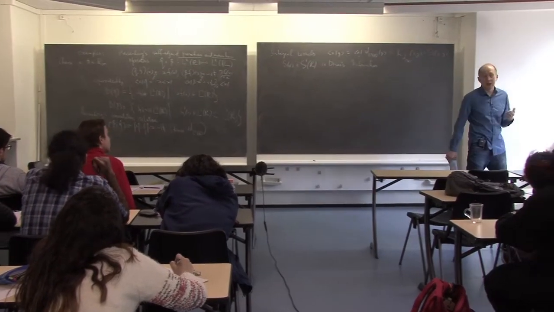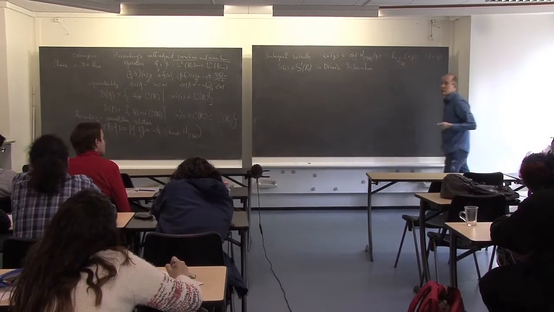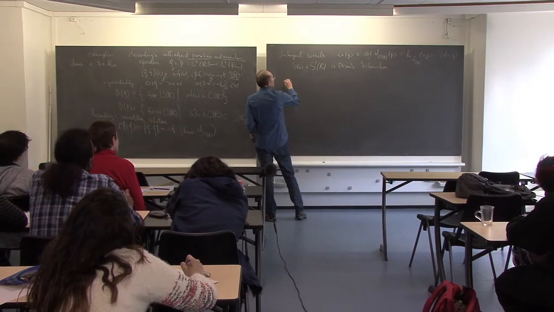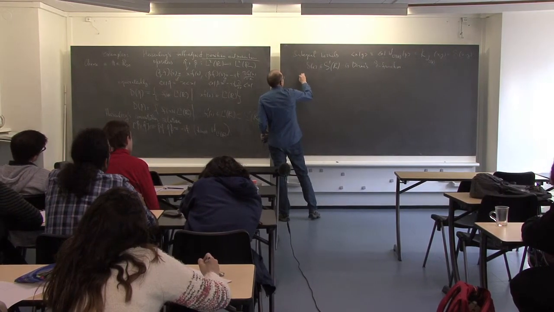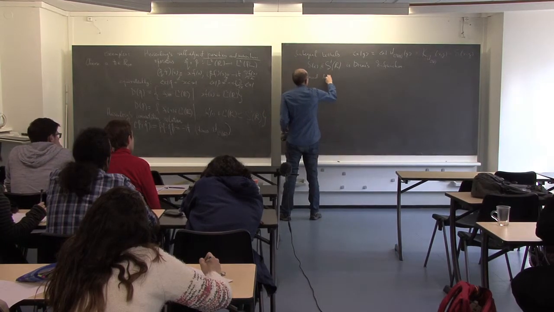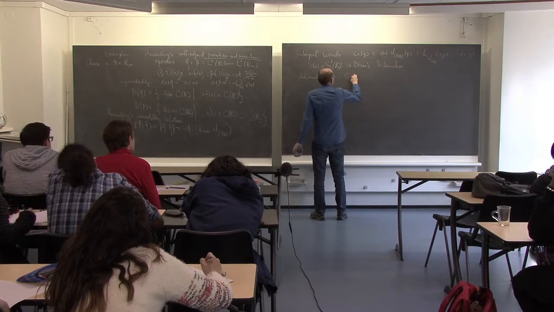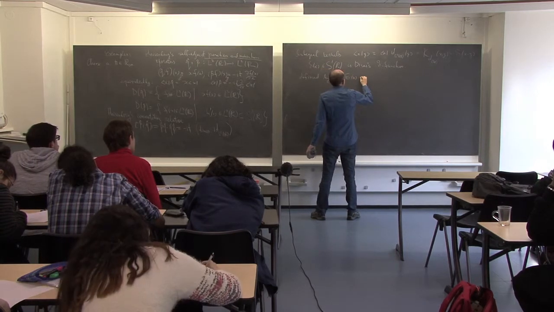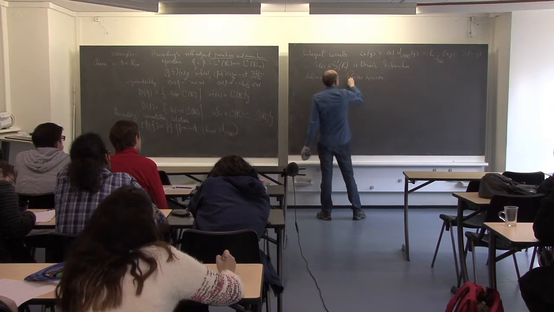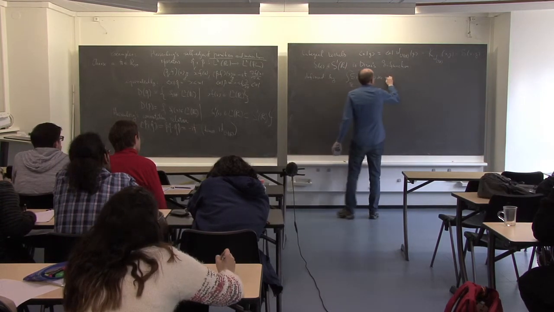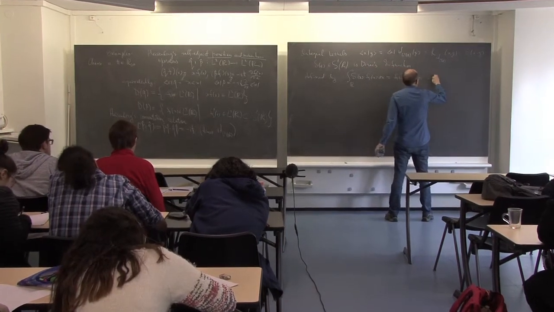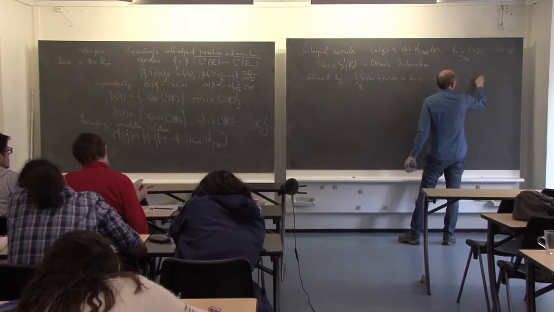And in this way, we come to the Dirac delta function. But its defining property is the following. Defined by delta of x integrated with f of x dx is f of 0 for any f in the Schwartz space.